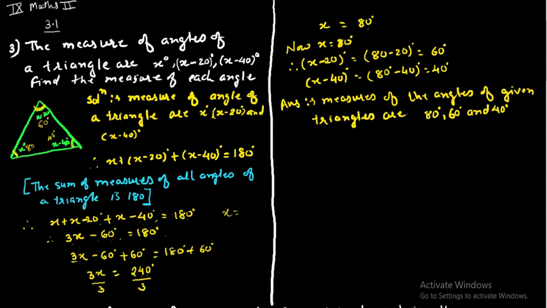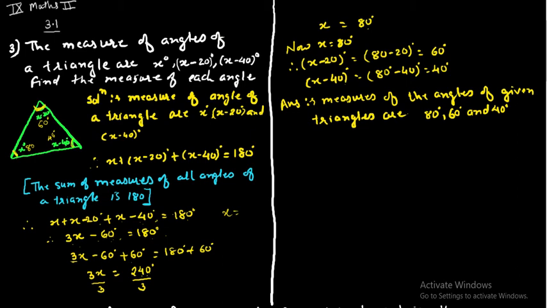So 3x upon 3 is equal to 240 upon 3. Here the 3 will be cancelled, and by cancellation, 3 eights are 24, and we keep the 0. So we get the value of x, that is 80 degree.